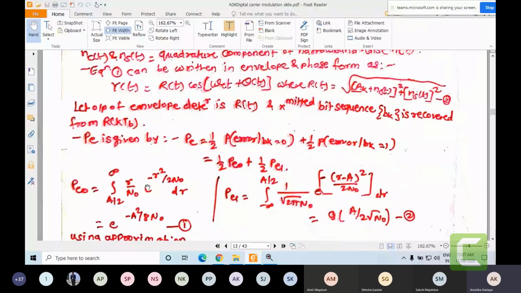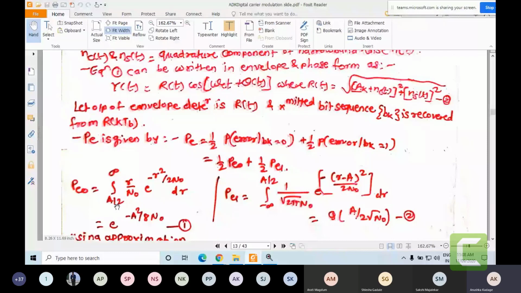Now, in the next part, we are seeing what is the probability of error in estimating the zero value incorrectly, and what is the probability of error in estimating when the bit value is 1. And we know the periods for existence of either 0 or 1 in the bit sequence are exactly opposite to each other.